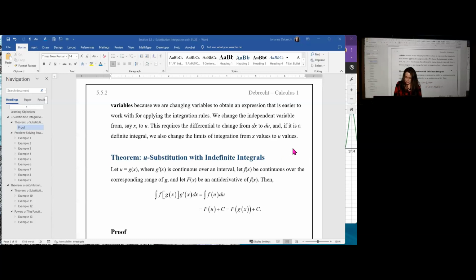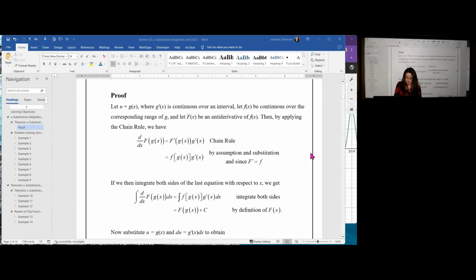Let's take a look at the proof of this theorem. We start with our conditions that we have a function g of x and we set it to u, where the derivative of g of x is continuous over some interval, say from a to b. And then if we take the interval a to b and we put it into g, we get out a range of y values.